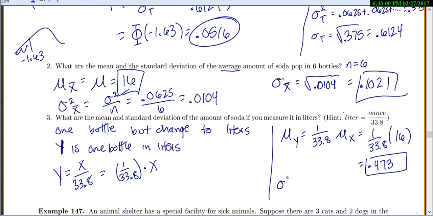We also need to know our variance. What happens to a number when you're multiplying for variance? It comes out, but it comes out squared. So we're going to do 1 over 33.8 squared times the old variance, which was 0.0625.